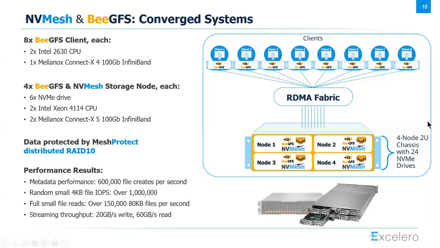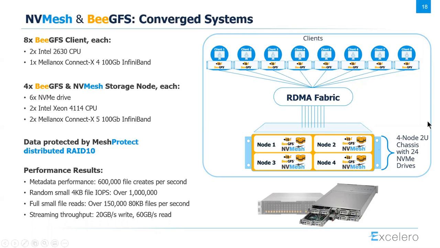As you can see here, a single 4-node 2U chassis with a few NVMe drives, and everything on the server side is contained inside that enclosure. The metadata runs there, the storage servers run there, NVMesh runs there and accesses the drives in the box. Essentially, it's a solution in a box. You just take it, configure it as you want for your network and your fabric, plug everything in the back, and your clients can access it.